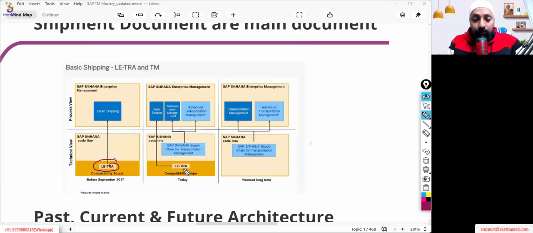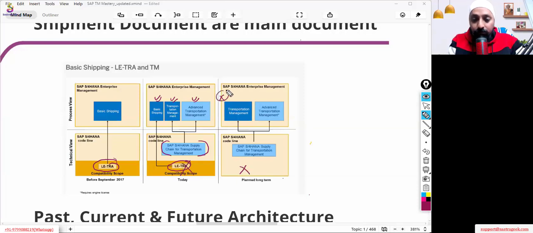Then we have SAP S/4HANA embedded TM came up, and an embedded SAP S/4HANA transport management, that is having a transport management solution and advanced transport management solution. Okay, by 2030, this will completely vanish.